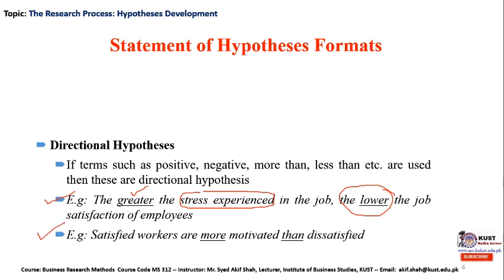Let's take another example. For example, satisfied workers are more motivated than the dissatisfied workers. Similarly, once again, a direction has been made clear: when the employees or workers of the organization are more satisfied with their working environment or job, it will lead towards a higher motivation level than the dissatisfied people.